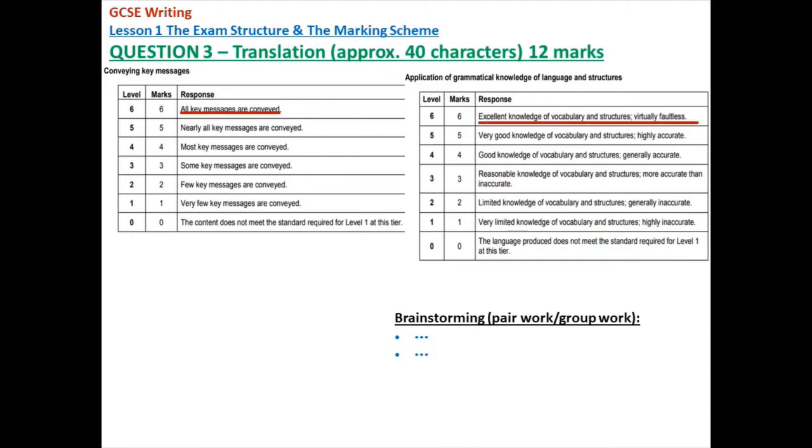Okay, let's have a look at the top rank first, as we always do. What really scares me, if I can use 'scare', is 'virtually faultless'. So that's why I'm going to move one band down, to 'highly accurate'. I do have students in mind that I know will get 6, but I think it's pretty hard, isn't it?